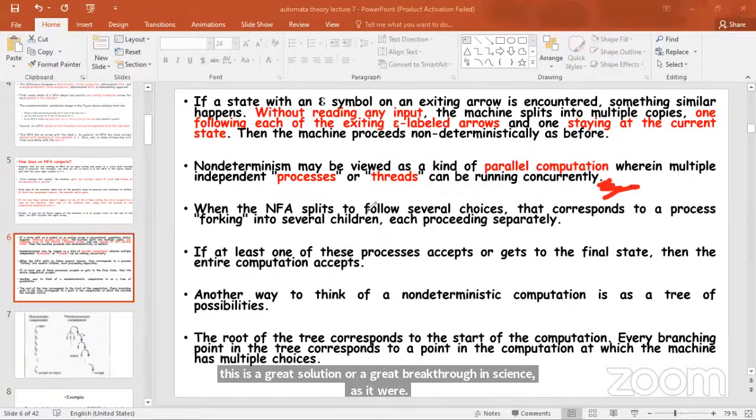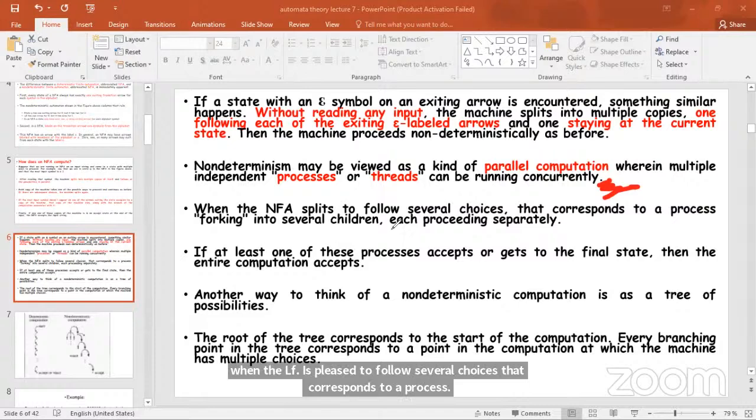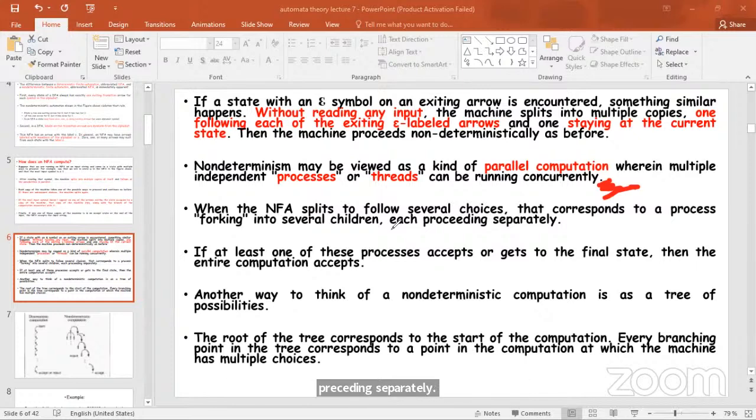So when the NFA splits to follow several choices, that corresponds to a process that's forking into several children, each proceeding separately on its own way. So if at least one of these processes accepts, that means it gets to the final state, then the entire computation accepts.